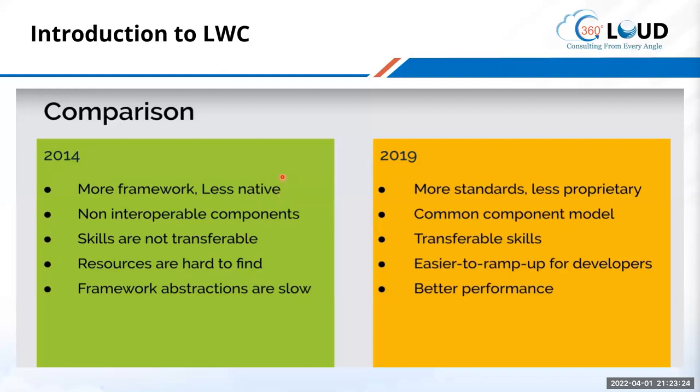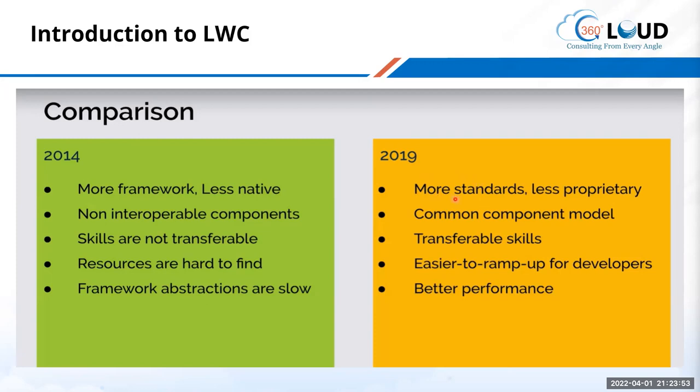The browser did not understand the component custom elements, so that is why we needed a thick layer of framework to develop our custom elements. So it was more frameworks, and in 2019 it is more standards, because the web engine, the elements, and the shadow DOMs are understood by the web browser itself.